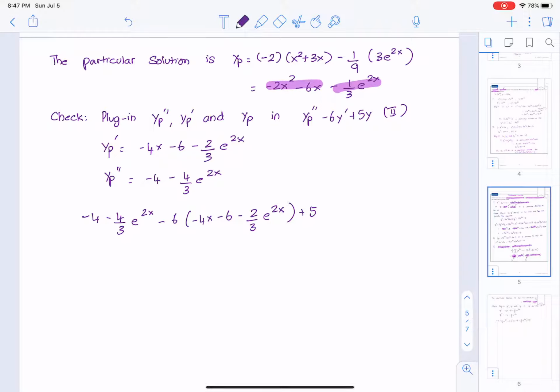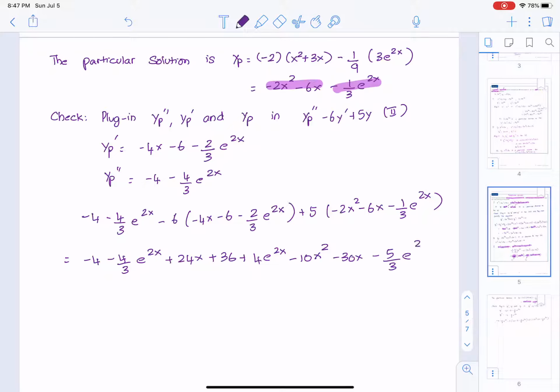So 5 times negative 2x squared, negative 6x, negative 1 over 3 e raised to x. Distribute and simplify. Minus 4 over 3 e raised to x, plus 24x, plus 36, plus 4 e raised to x, minus 10x squared, minus 30x, minus 5 over 3 e raised to x.